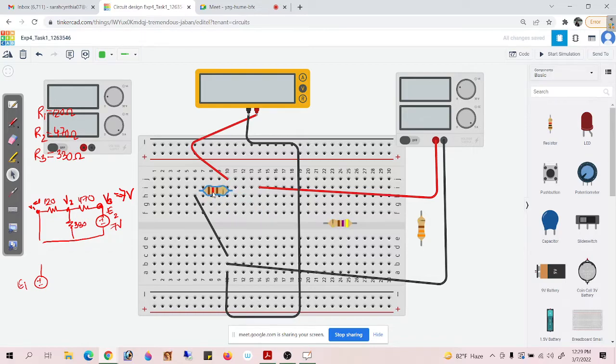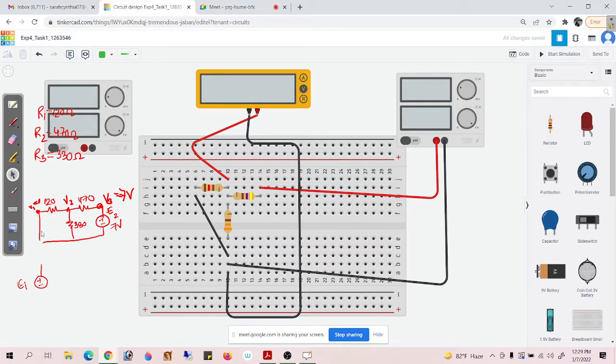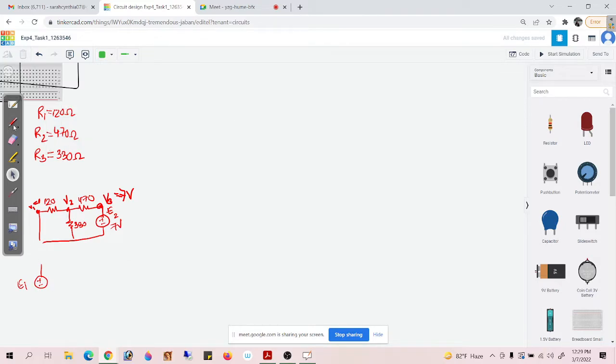So I'm just placing it back again. So this is our R1. This is R2. And this should be R3. Now it's all back to normal again, I hope. So let me proceed.